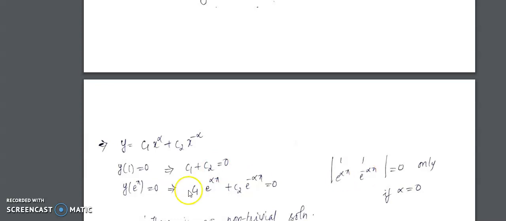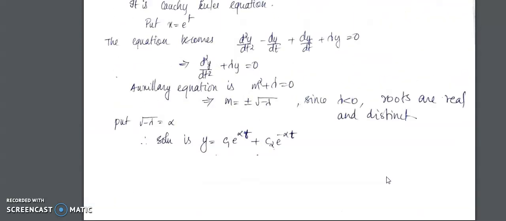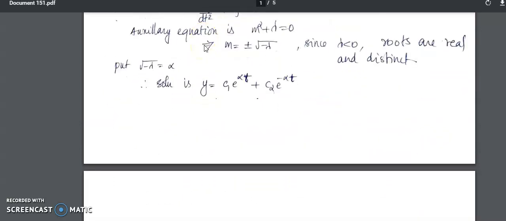If a non-trivial solution exists, the determinant must be 0. Taking the determinant, that will be e^(-alpha pi) minus e^(alpha pi). That will be equal to 0 only when alpha is equal to 0. Now alpha cannot be 0 since we started with lambda less than 0.